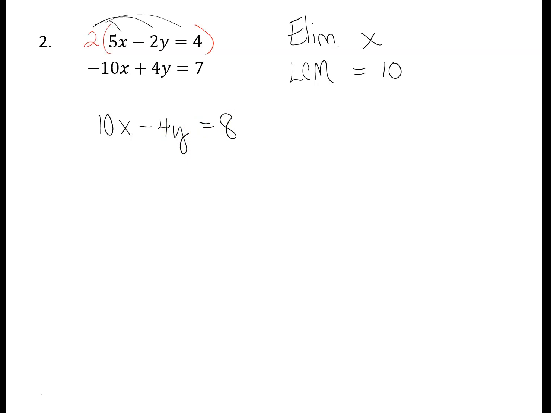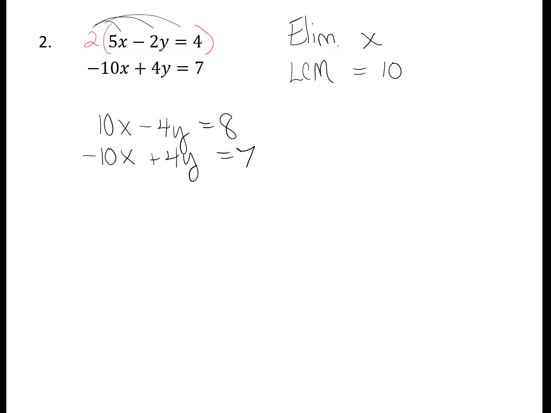The bottom equation we're not going to multiply, it's going to stay the same. And that's accomplished what we needed, because now look at your x coefficients, 10 and negative 10. They are opposites, which is what we want them to be. Okay, that's your goal, is to make x coefficients or y be opposites of each other.